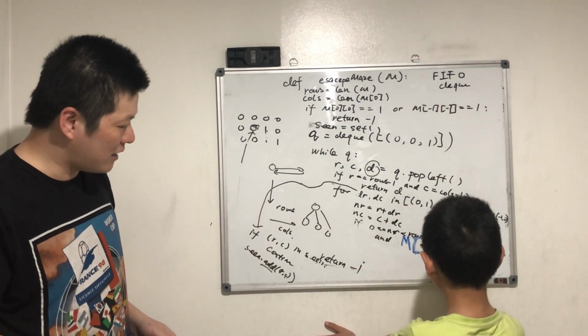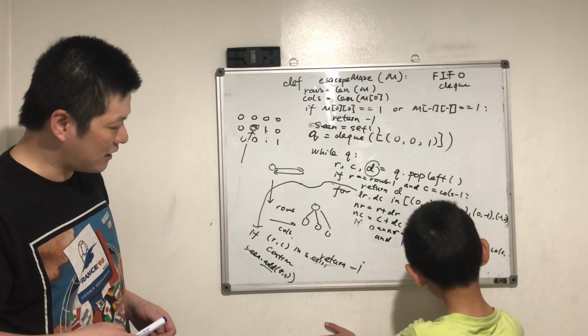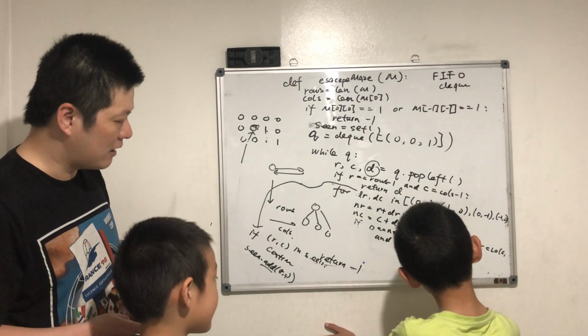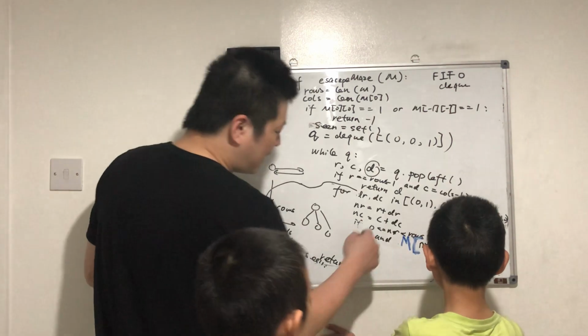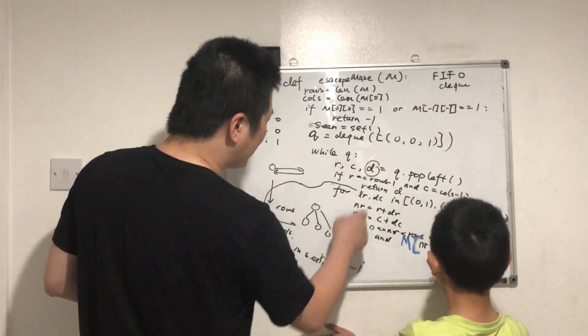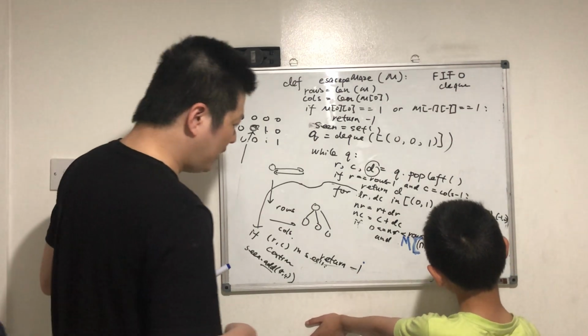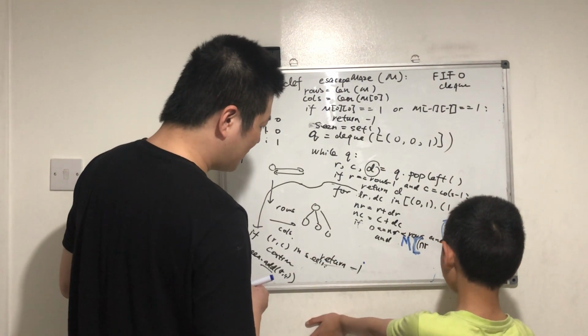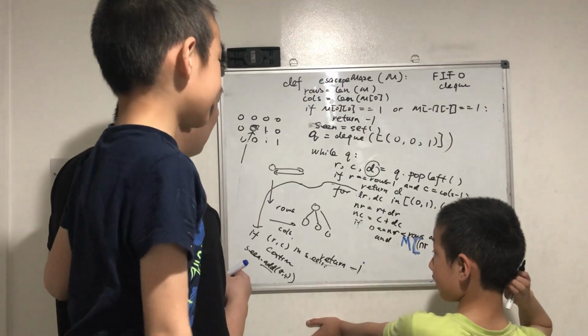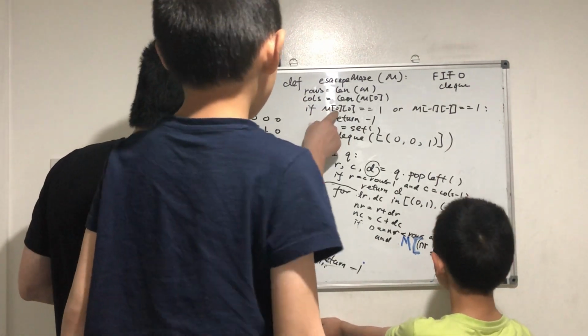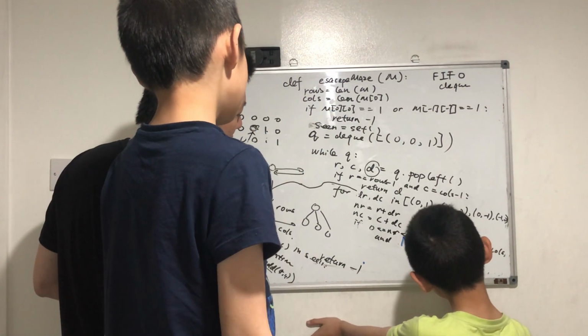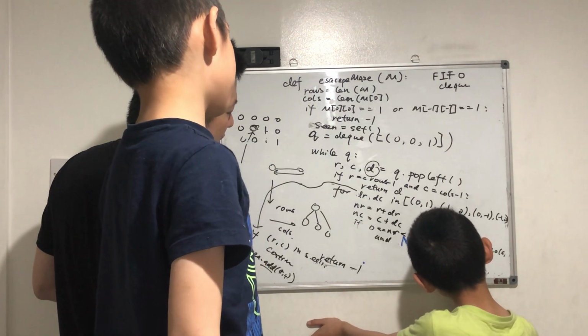You need to look at how you reference the pixel. NR, NC, and then D plus 1.